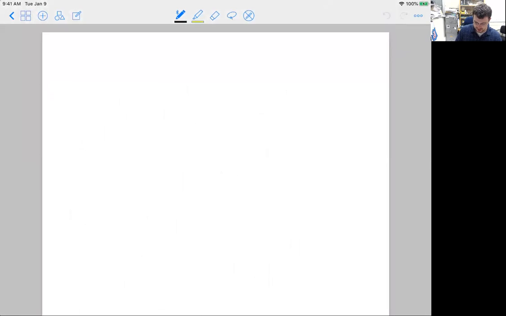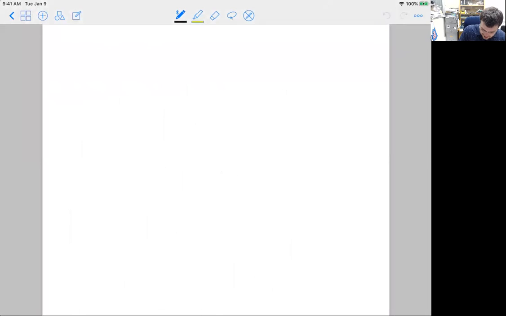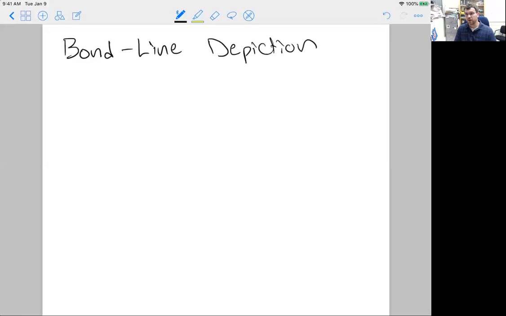So going on to another page, there is the bond line depiction or bond line structures. Okay, so bond line structures, the bond line depictions, they have a lot of advantages. If you draw molecules as bond line structures, you can get them done faster.